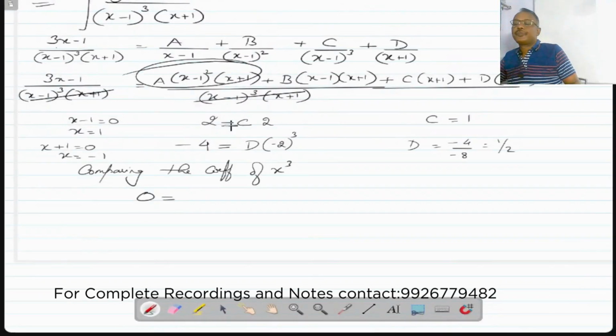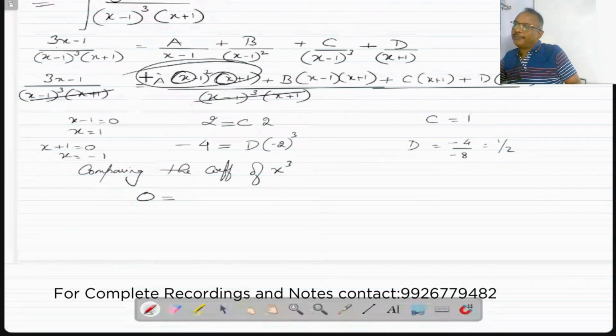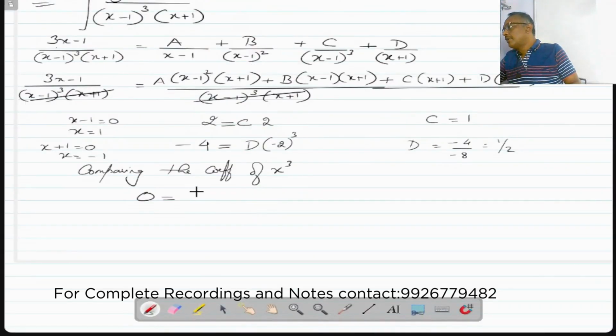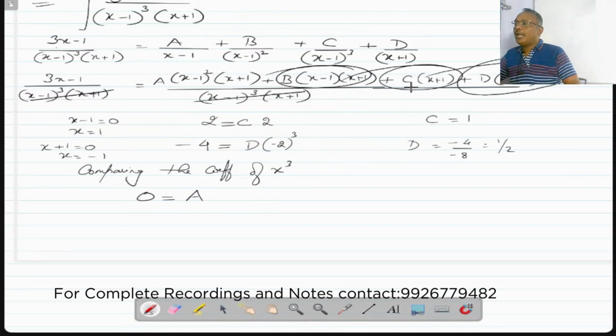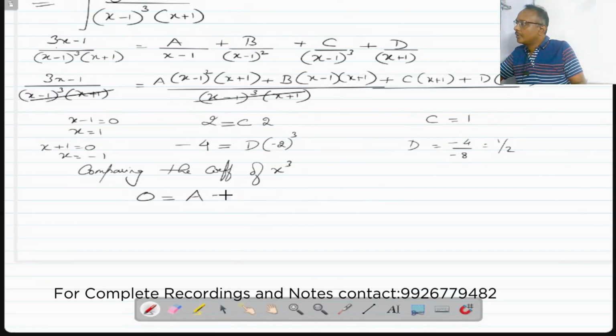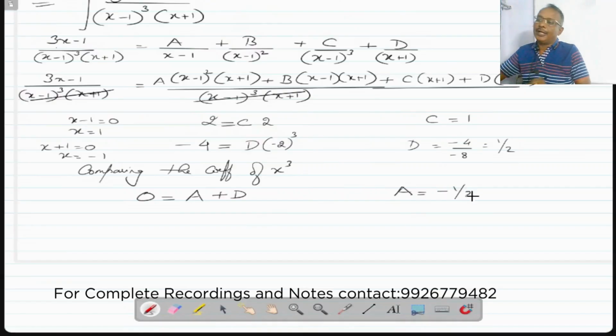Here x square into x into a. So a यहाँ पे तो है ही नहीं, यहाँ पे तो है ही नहीं, यहाँ पे है d into x cube. So a would be minus d, a would be minus 1 by 2.